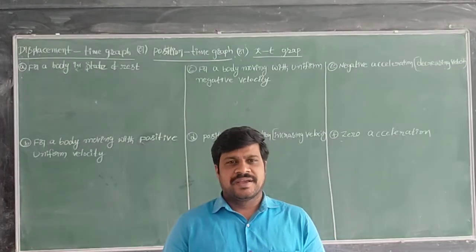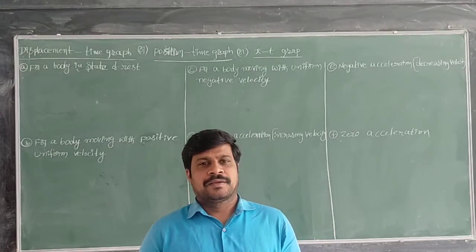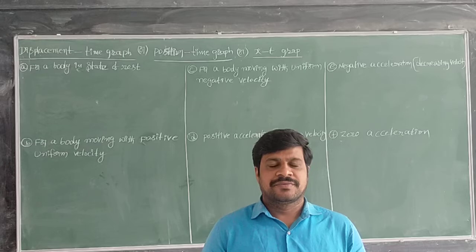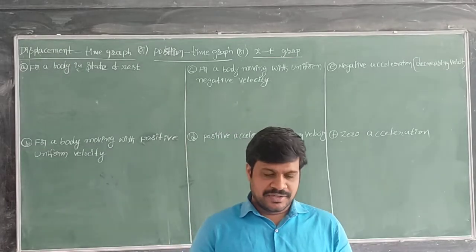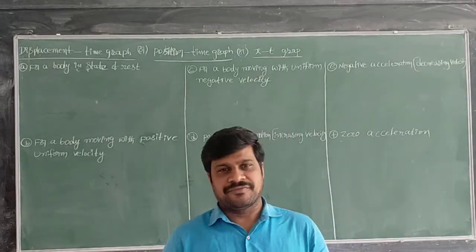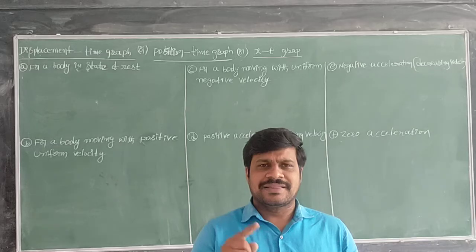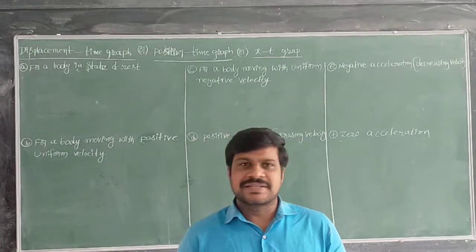Dear students, in previous classes we have discussed distance, displacement, speed, velocity and acceleration. In the last class we studied acceleration: a body can get acceleration due to a change in velocity.